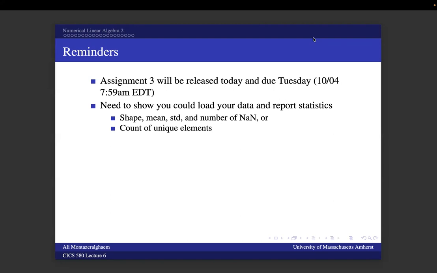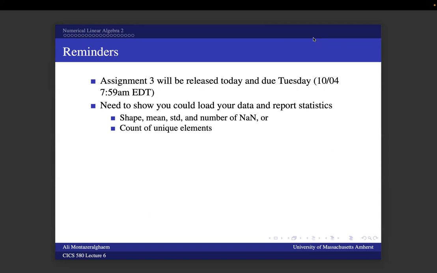So I would suggest that you start working on assignment 3 as soon as possible. And if you have any question about the problem, you can come to office hour or QA session, or ask about the assignment.